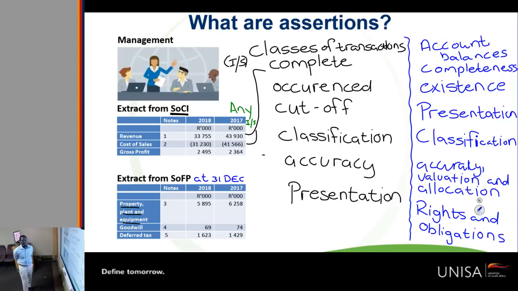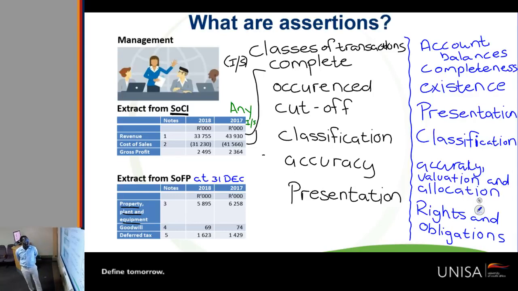So just a short recap of what we're saying in the slide. We are saying that there are two categories of assertions. What are assertions? Assertions are those claims that management makes in preparing those financial statements.